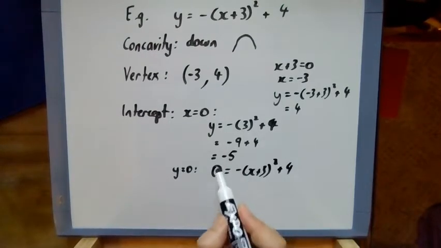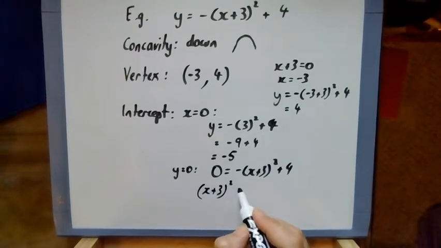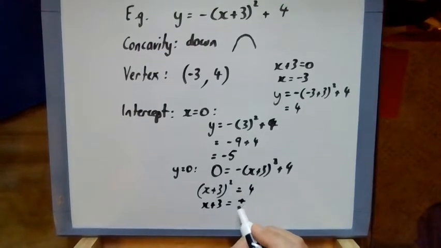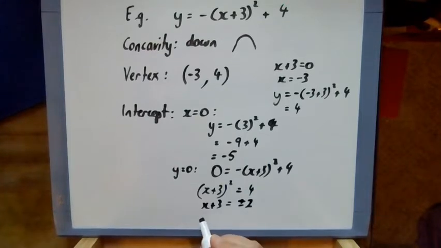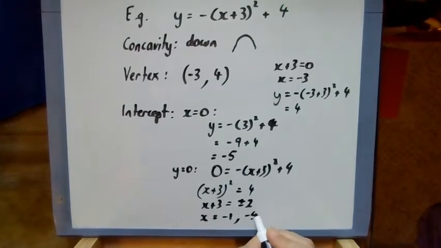Taking this onto the other side gives me x plus 3 squared equals 4. I can find the square root of both of these. x plus 3 equals plus or minus 2. So I'm going to have x equals negative 3 plus 2, which is negative 1, and negative 3 take away 2, which is negative 5.